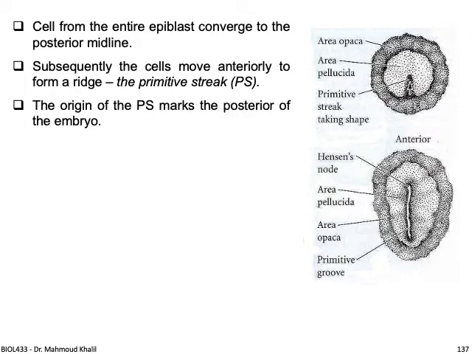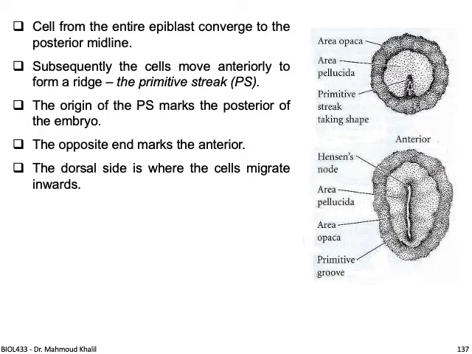The origin of the primitive streak marks the posterior of the embryo, so it originates from the posterior and migrates to the anterior. The opposite end marks the anterior. The dorsal side is where the cells migrate inward. The groove marks the right and the left.